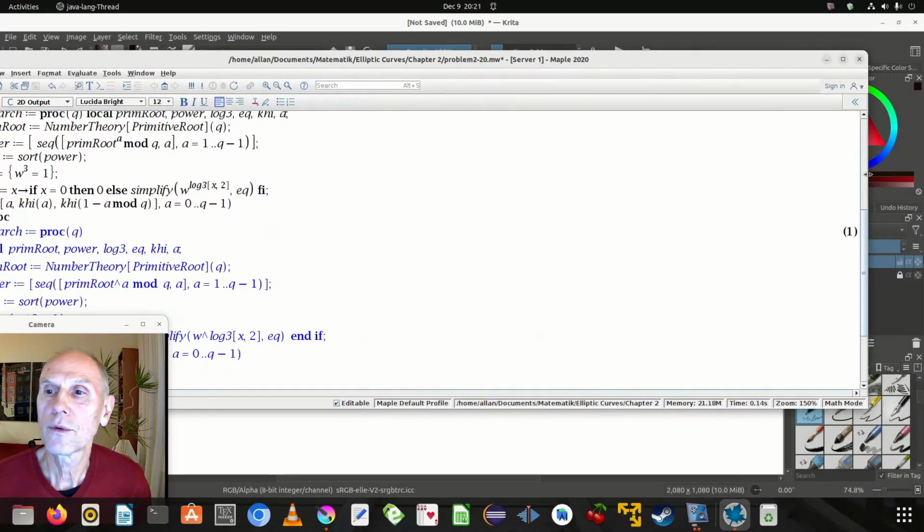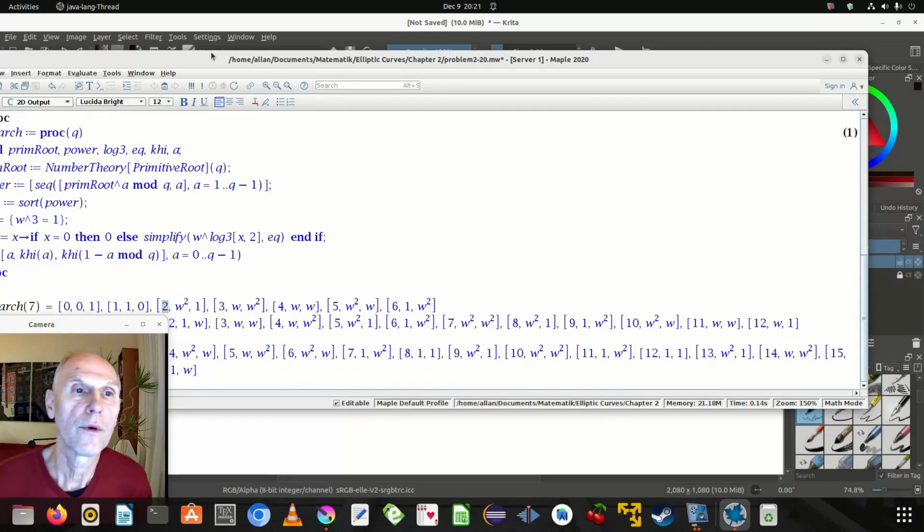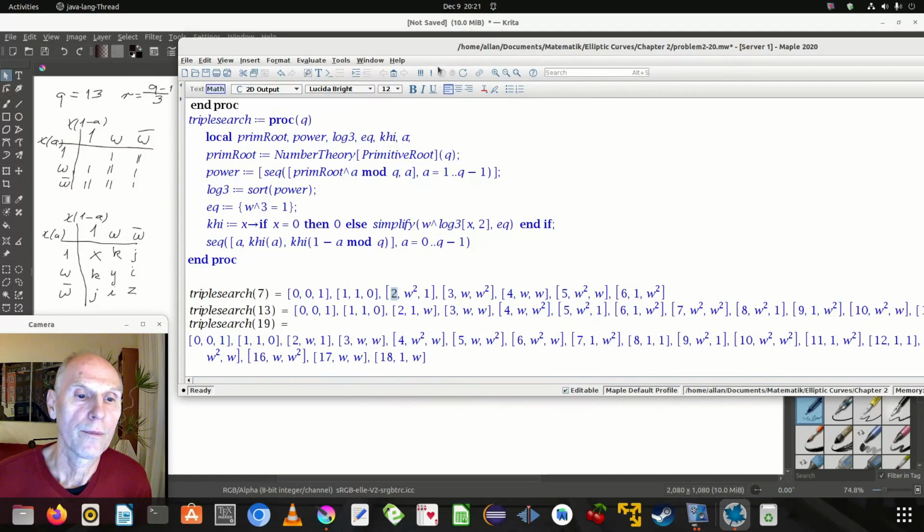There we've got it. And this gives nothing. 2 gives 1 and omega. That's a bar there. 3, omega, omega, mark there.